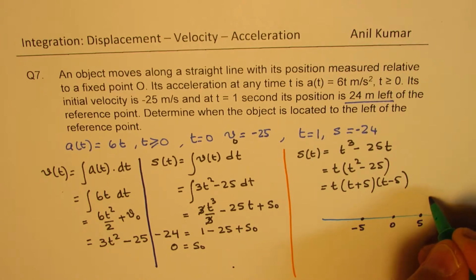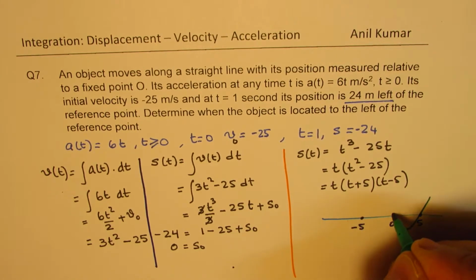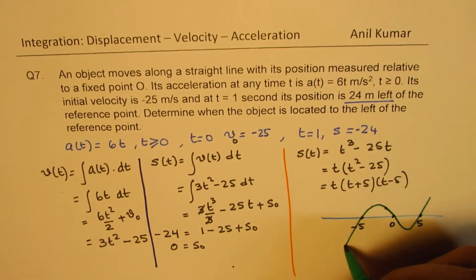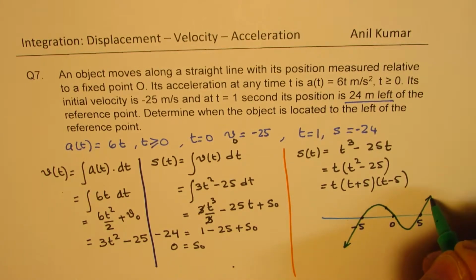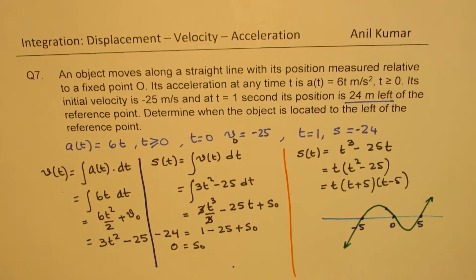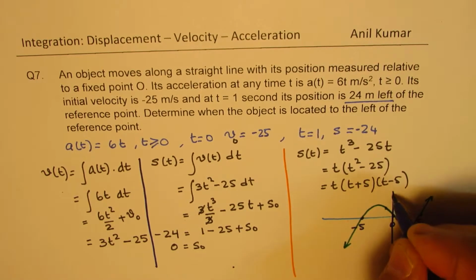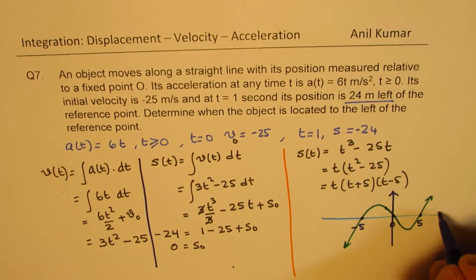Now, let me just sketch it, and then we'll talk about it. So, right side up. Perfect. So the graph is like this. What we notice here is that we have to consider t greater than or equal to 0 only. So basically I should not be considering this half. We'll only consider this side, correct?